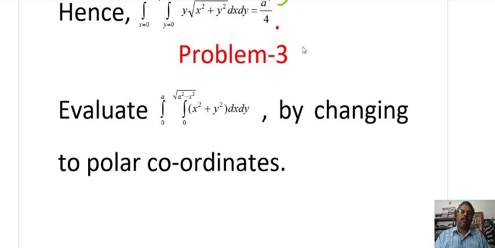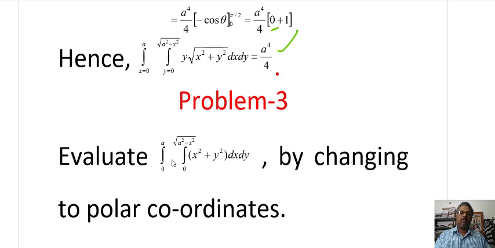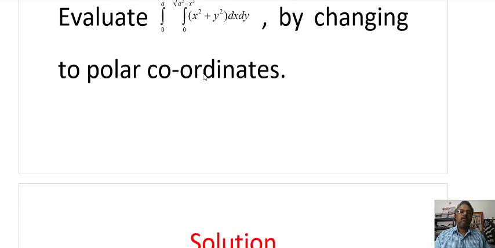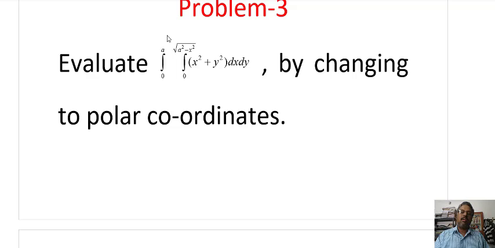In a similar way, now observe the third problem. The limits are the same, which means the diagrams are also the same. The limits in terms of r and theta are also the same, only the integrand is different. Now we will evaluate the double integral from 0 to a of the square root of a square minus x square plus y square dx dy by changing into polar coordinates.